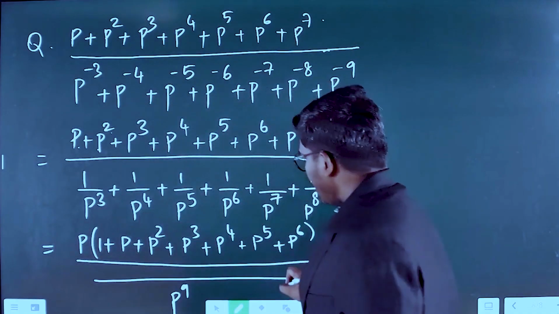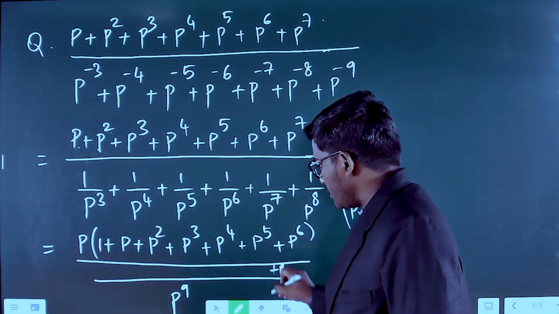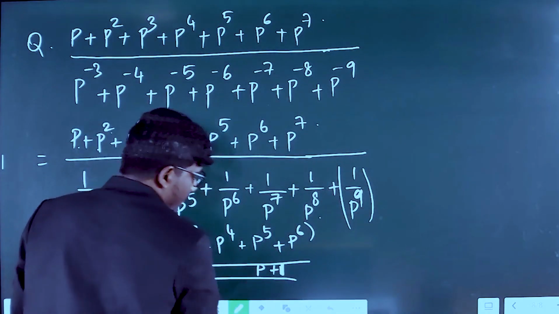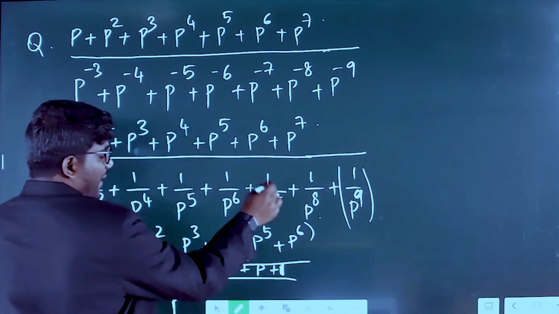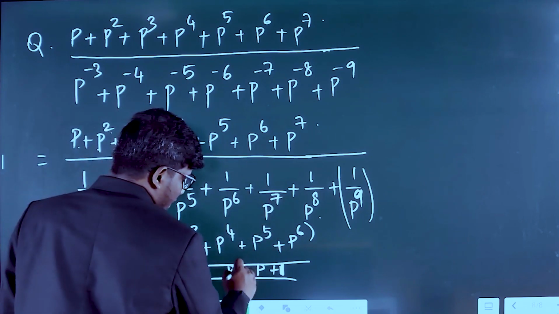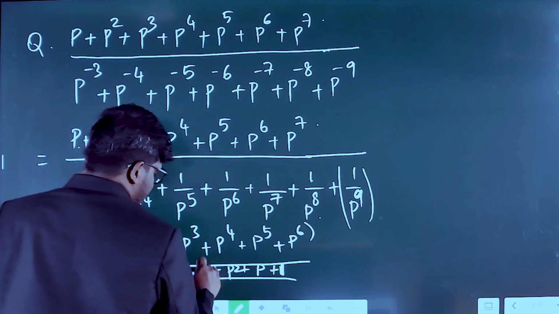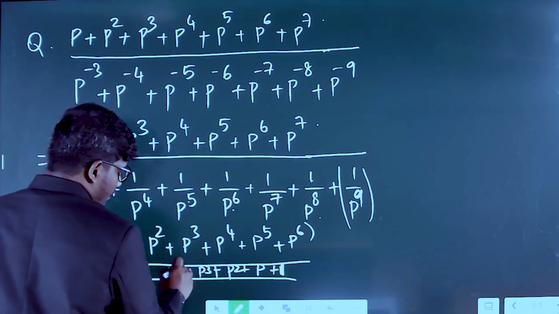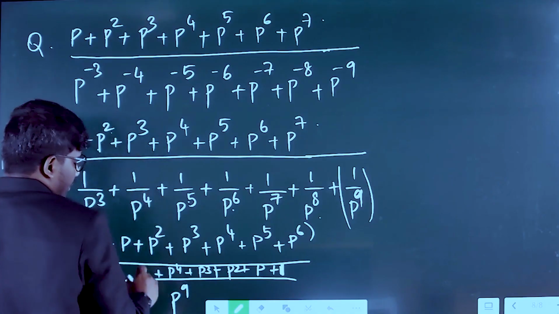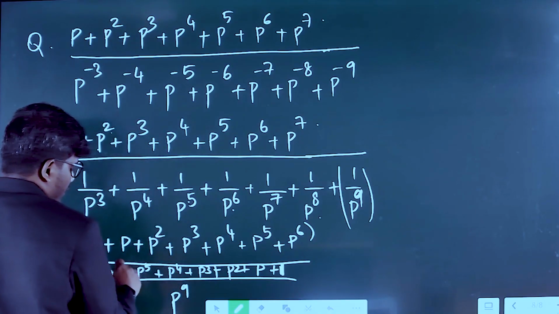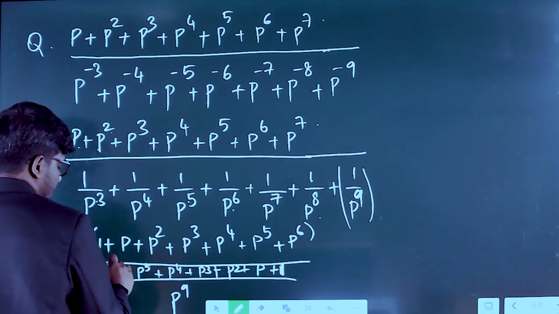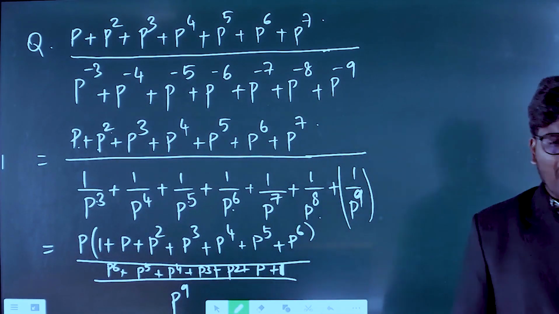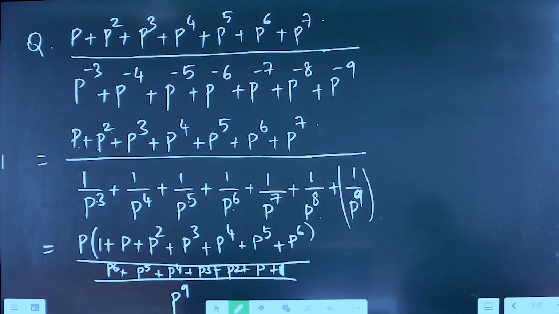P power 9, this will stay as it is 1. P power 9 by p power 8 is p. P power 9 by p power 7 is p square plus p cube plus p power 4, p power 5. This will be p power 6. Right? Is it clear?